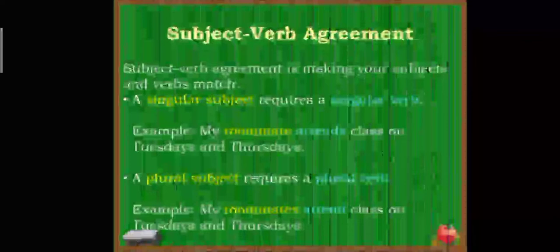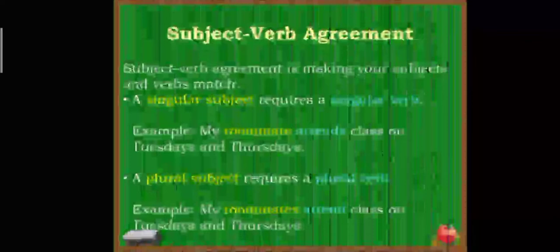Making subject and verb match. Subject verb agreement is making your subject and your verbs match. A singular subject requires a singular verb. For example, my roommate attends class on Tuesdays and Thursdays. A plural subject requires a plural verb.